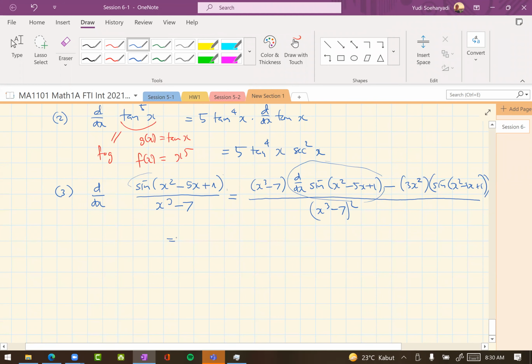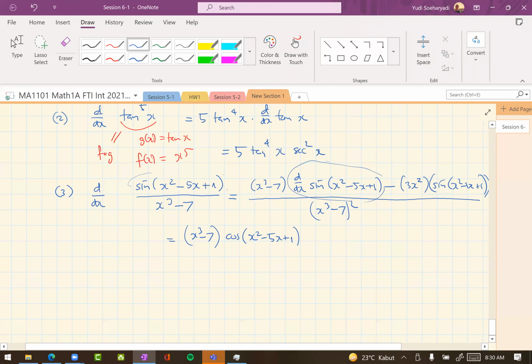So what you have is, now here comes the chain rule. By the chain rule, the sine becomes cosine, but the angle remains the same.